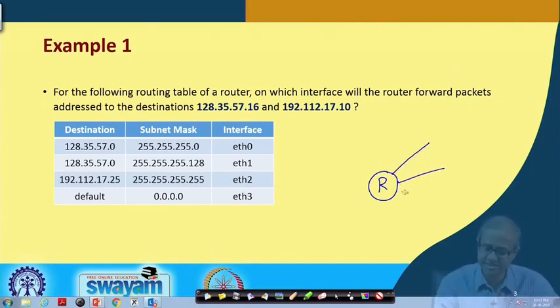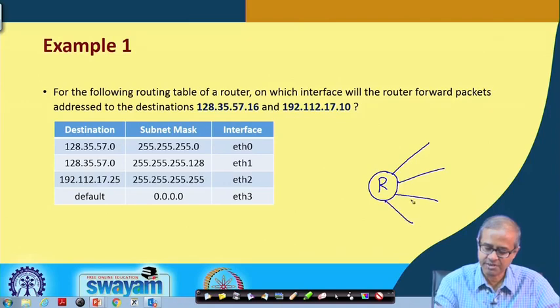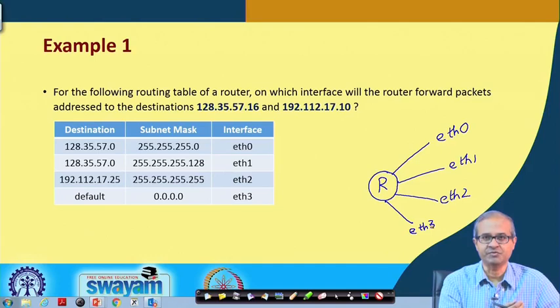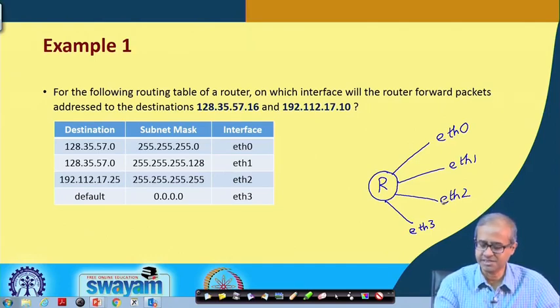There are 4 links to the router, and these interface names we are giving as ETH0, ETH1, ETH2, ETH3. Now, this ETH is the short form for Ethernet, because typically inside a LAN these interfaces are Ethernet networks. So, that is why we are giving these names like this, ETH0 to 3.